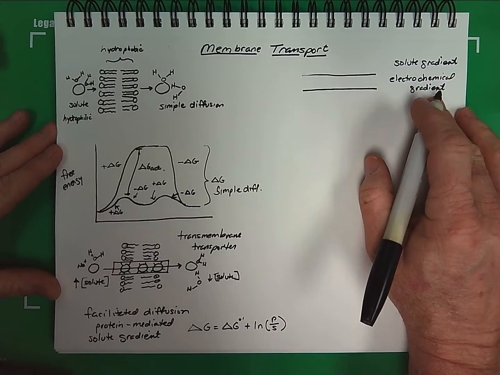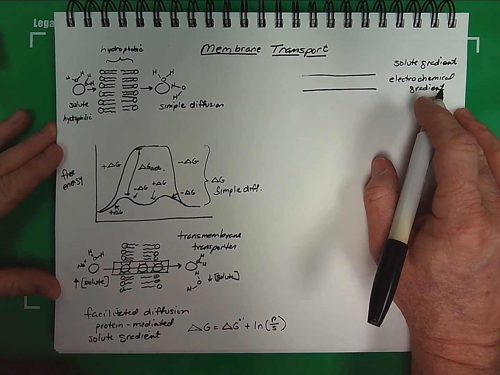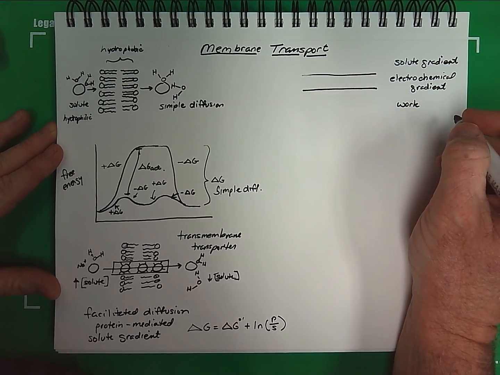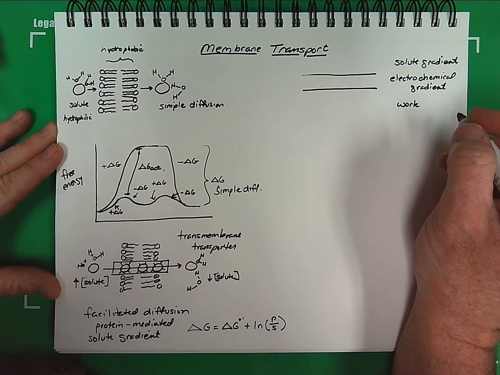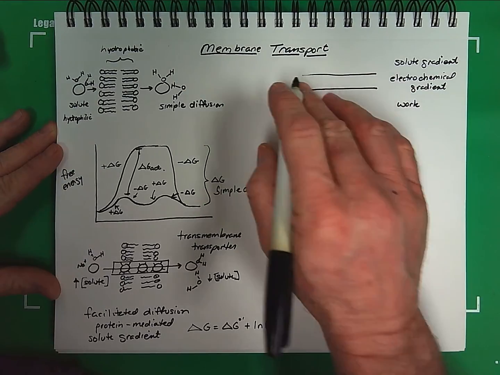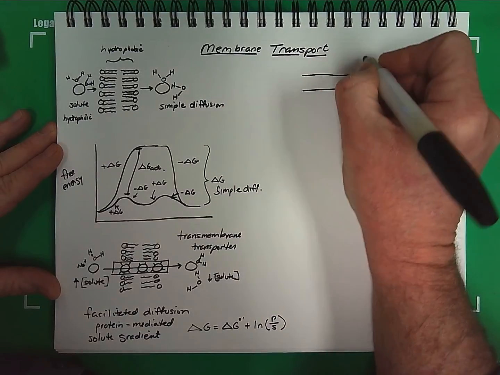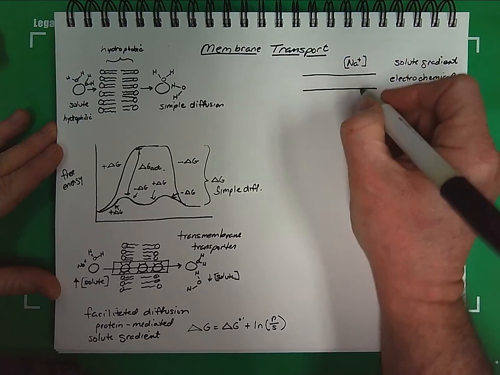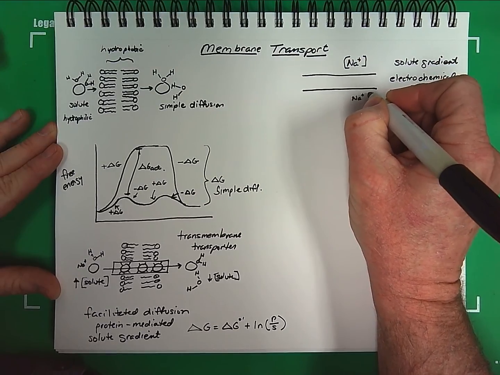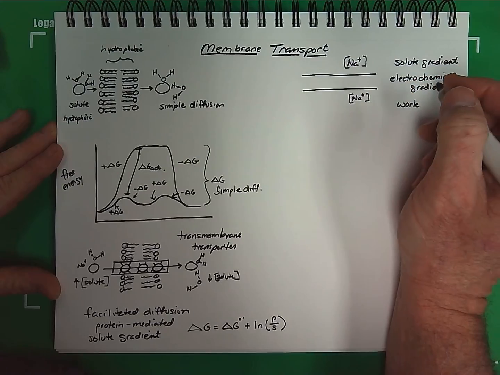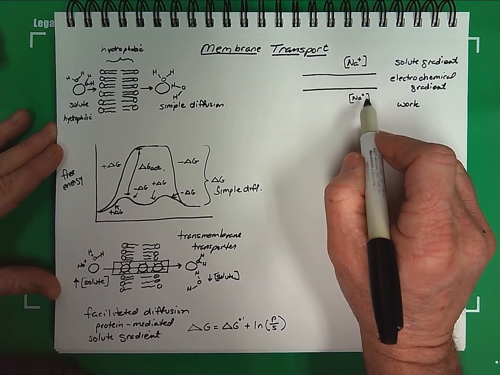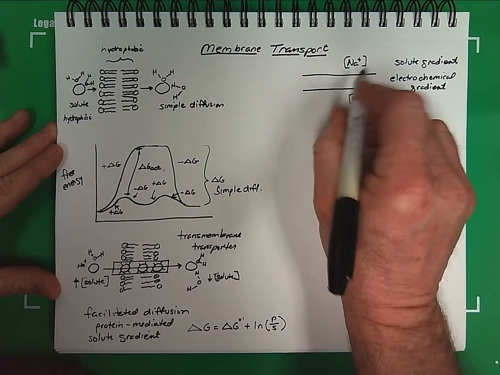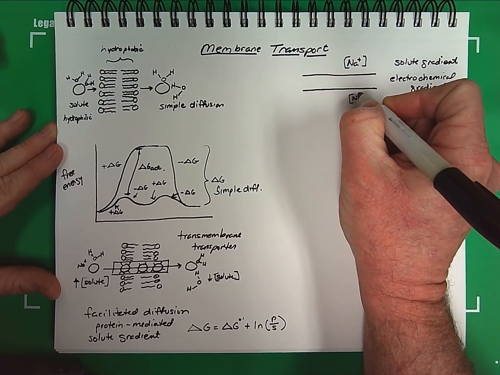The purpose of an electrochemical gradient is to establish a gradient to perform work. Now this is where we have to examine a little bit of physics. If we have solutes at a high concentration on one side of the membrane, for example sodium, and a low concentration on the other side, we have a chemical gradient. If we have a transporter here, this chemical gradient will be used to drive sodium in.